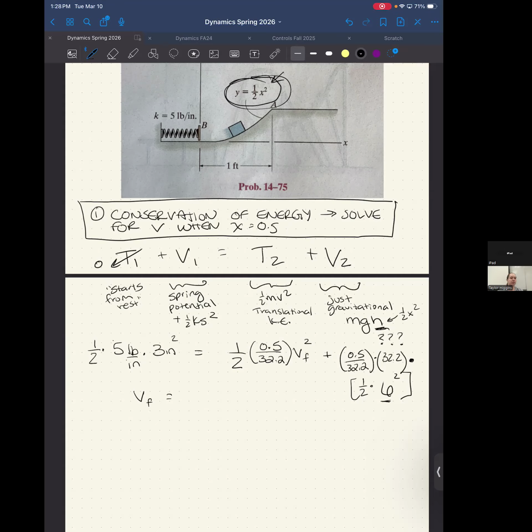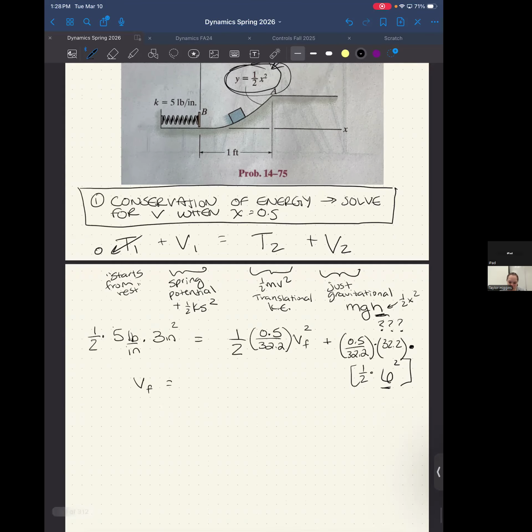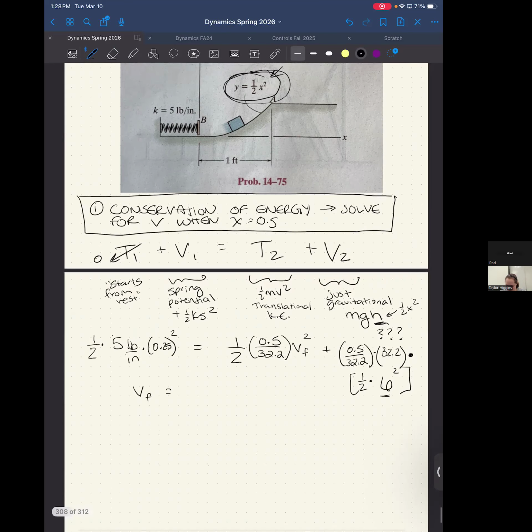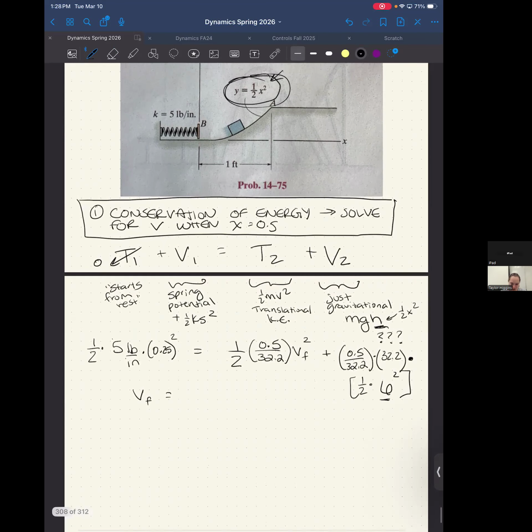Yeah, so the 15.2 would be if you did it all in feet, which we can certainly do. That would just be, instead of 3 inches, it would be a fourth of a foot. And this would be 0.5. Does that make sense?